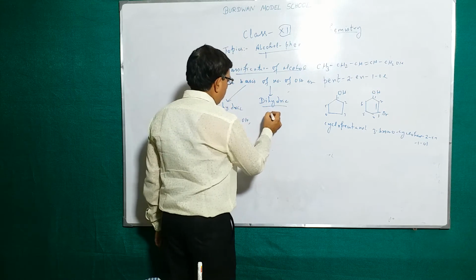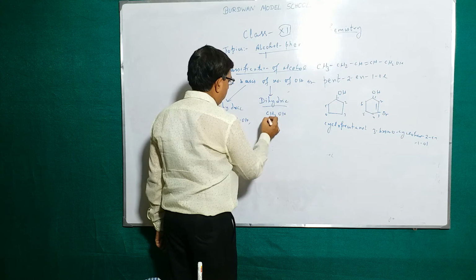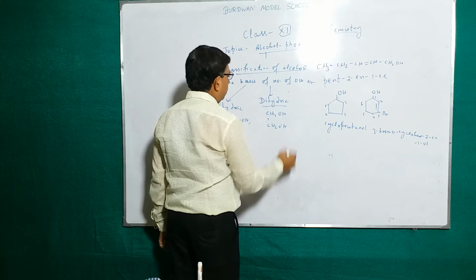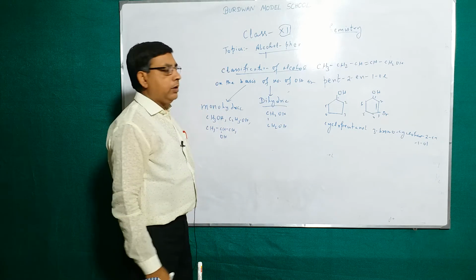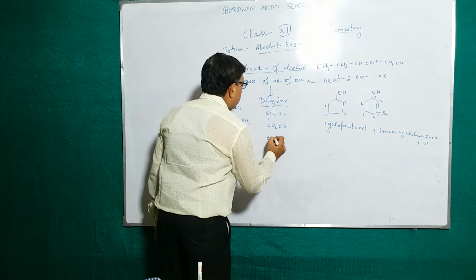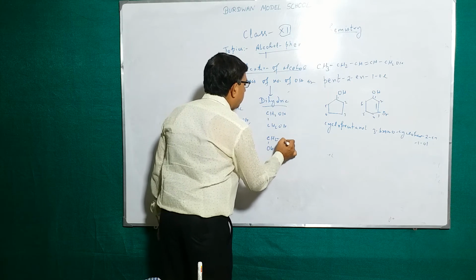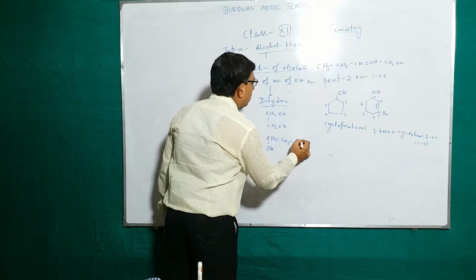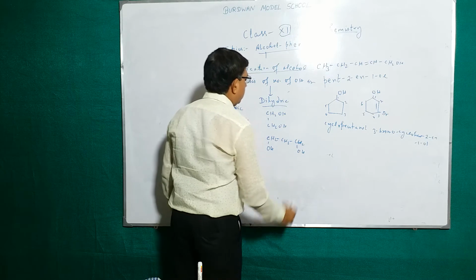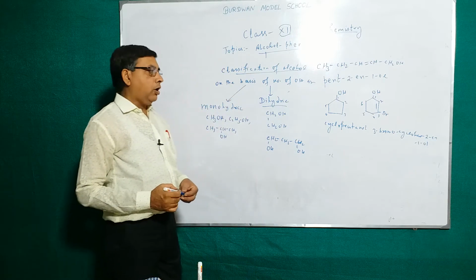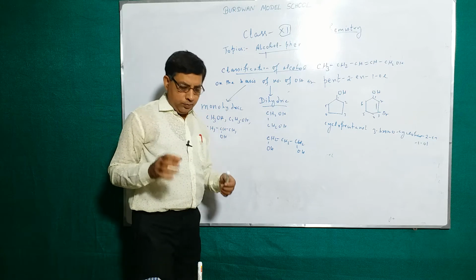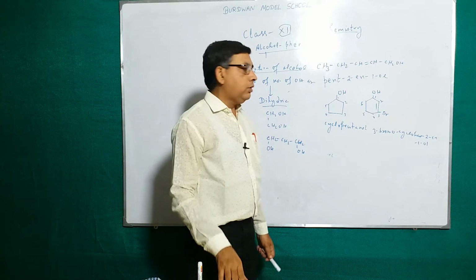It contains 2 OH groups. Say CH2OH, CH2OH, ethylene glycol or ethane-1,2-diol. CH2OH, CH2CH2OH, propane-1,3-diol. These are called dihydric alcohols because they contain 2 OH groups.